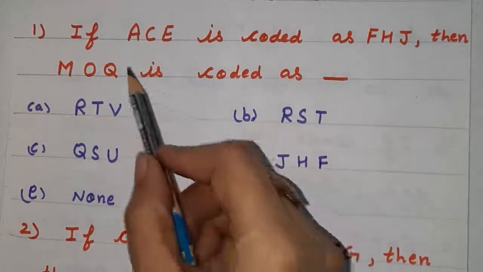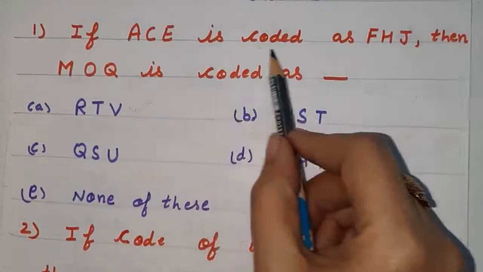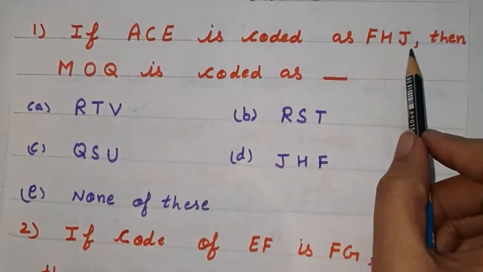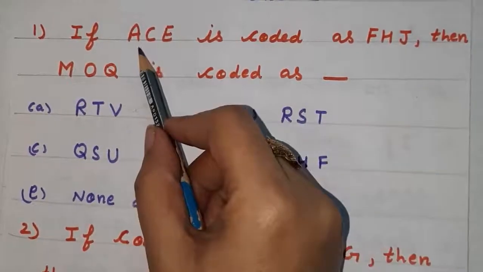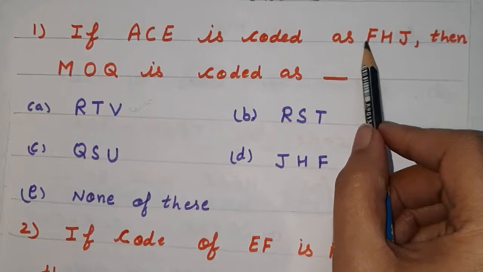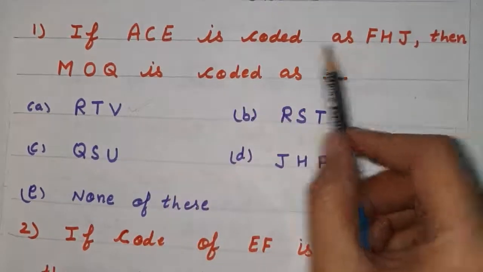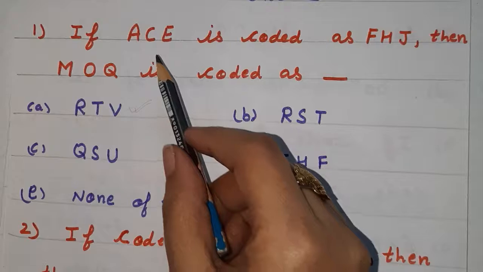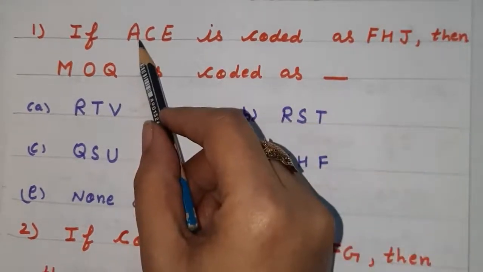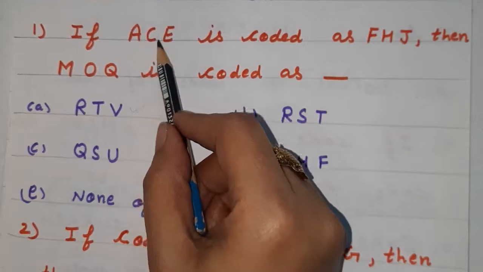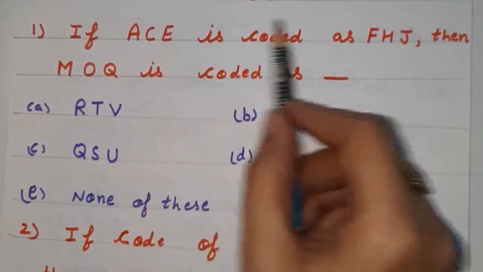First question was, if ACE is coded as FHJ, then MOQ is coded as? A as F, C as H. A, then B is left, C, D is left, E. After E, F is taken.